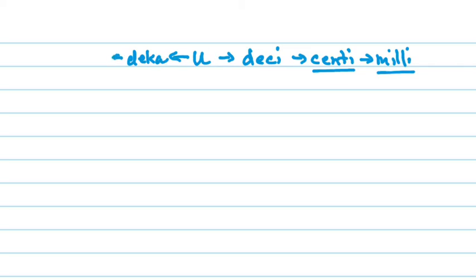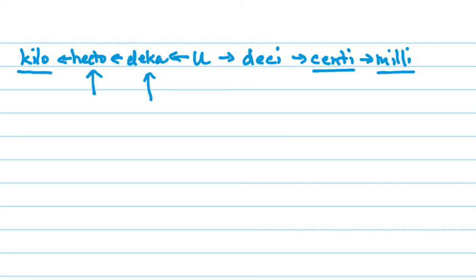First, you get deca, then you have hecto, and then you have kilo. And again, you're probably very familiar with kilo, but probably not so much with hecto and deca. And again, those aren't used very often.